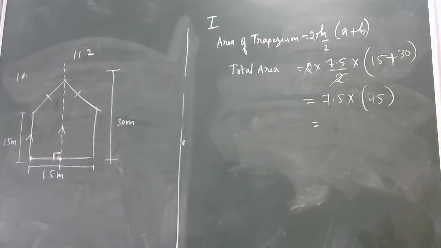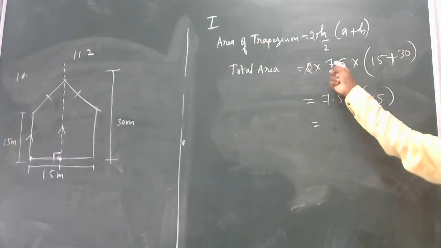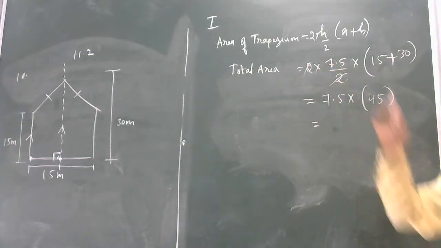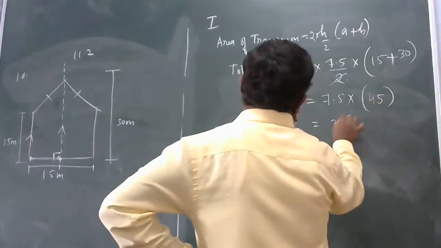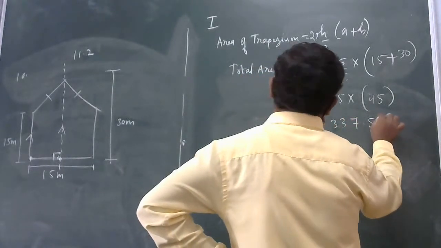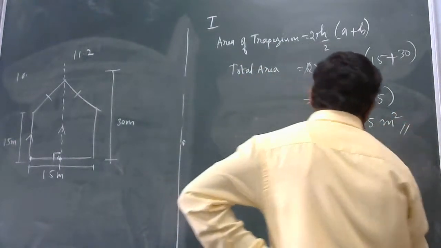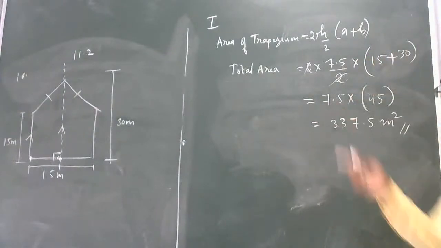If you don't multiply by 2, then it will be difficult for you to cancel 7.5 with 2, और calculation में और problem आ जाएगा. So directly I am taking the 2 there only. Okay, 337.5 meter square.